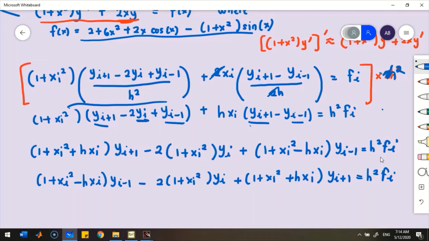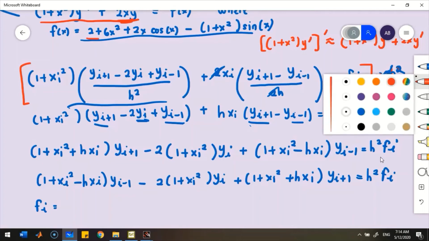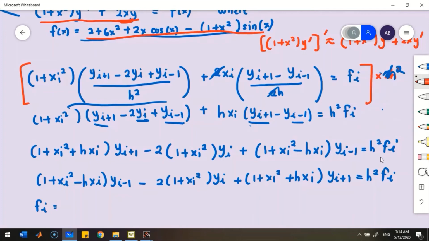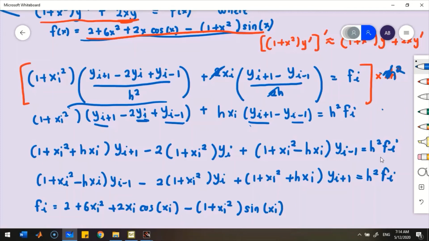Remember my fi here. What is my fi? The function f is this whole thing here, which I am not going to write down, but recall this is 2 plus 6 xi squared plus 2 xi cos xi minus 1 plus xi squared sine xi. That's the term involving xi.